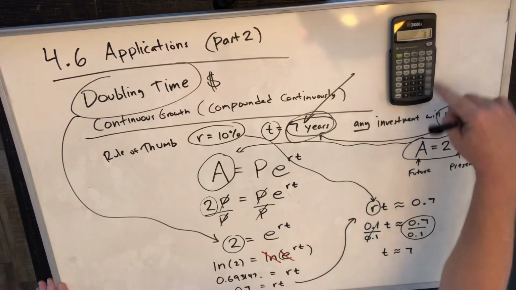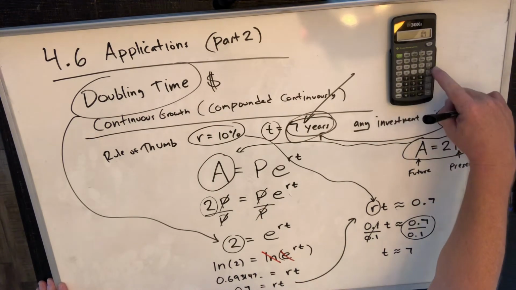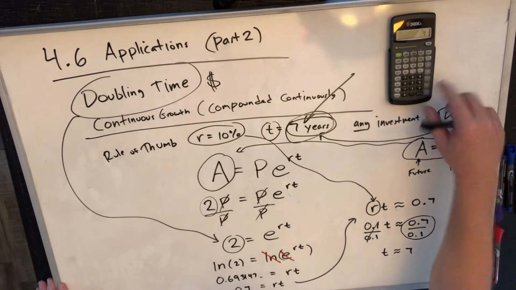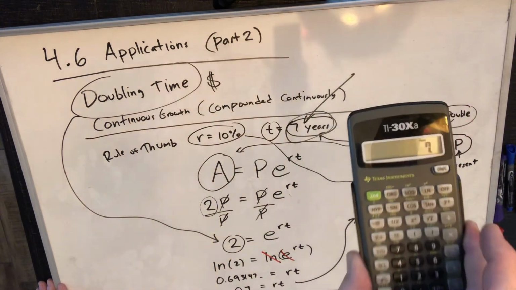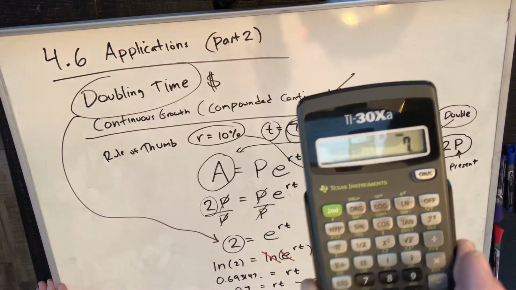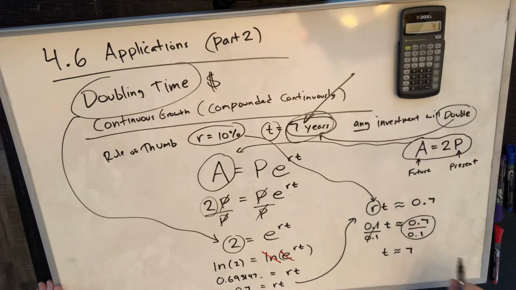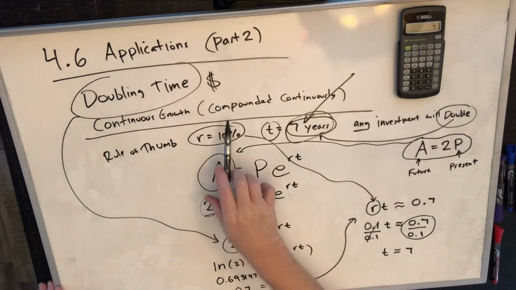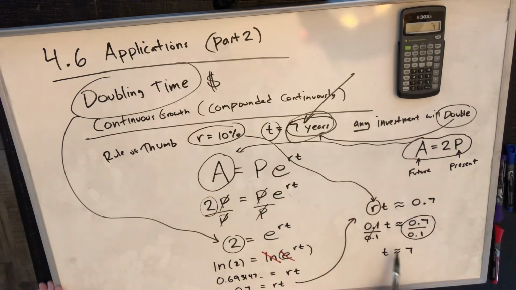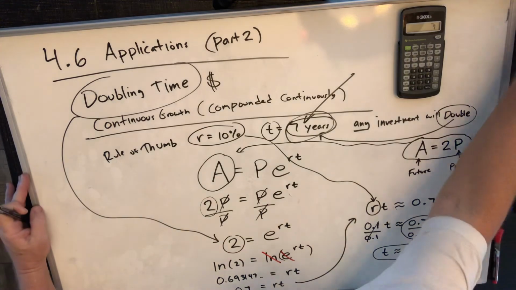If you don't believe me, 0.7 divided by 0.1 equals, and there it is, your 7-year itch. So at a 10% interest rate, compounded continuously, you can double your money in approximately 7 years. For practical purposes, we just say 7 years. So that's where that rule comes from, but let's see how handy this rule actually is.